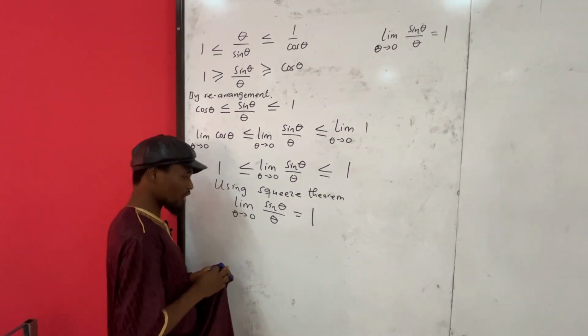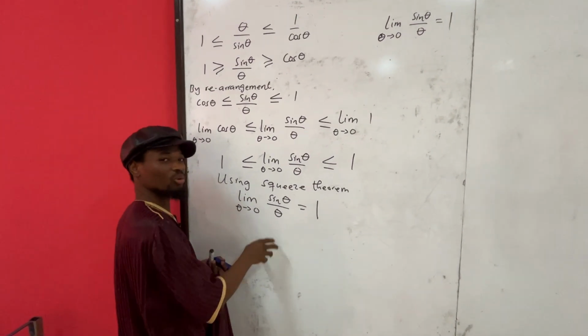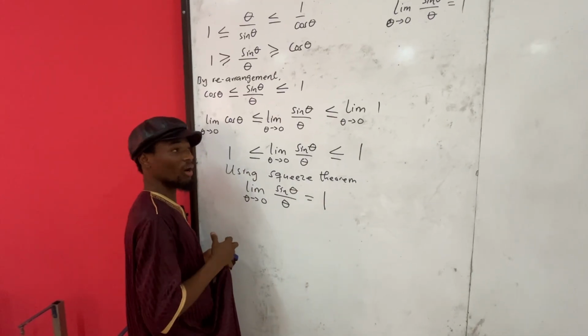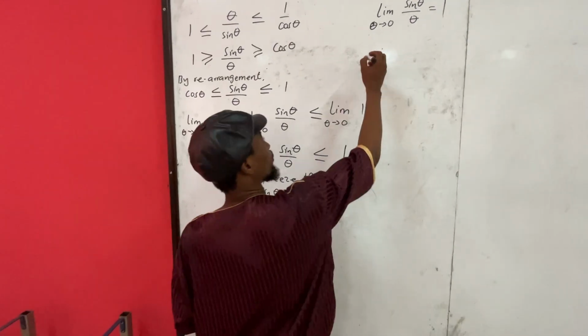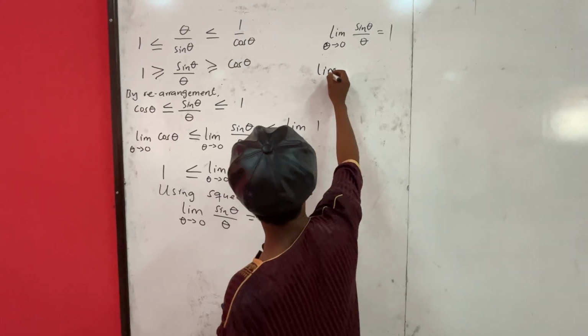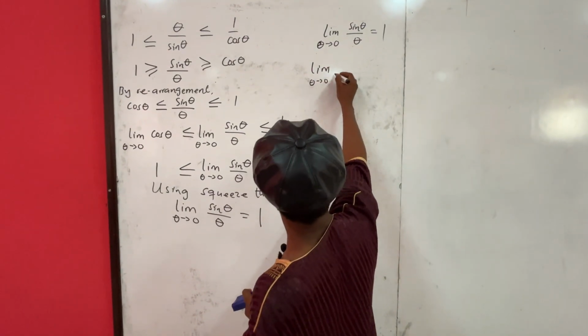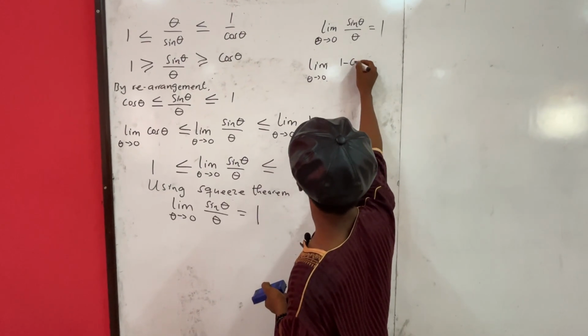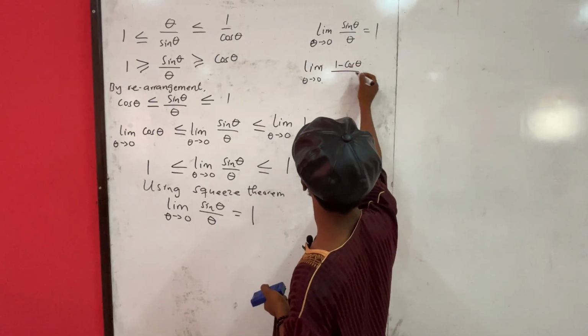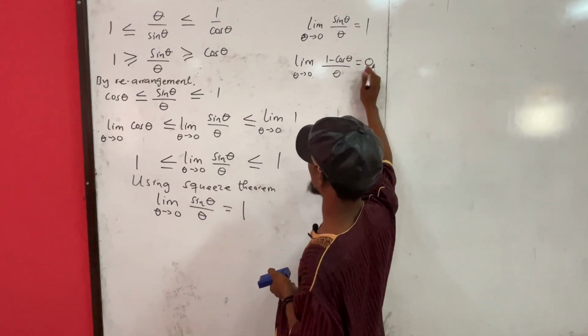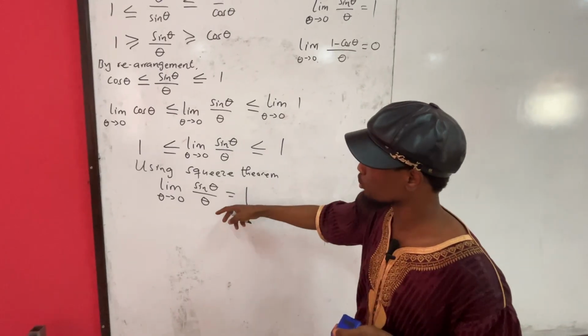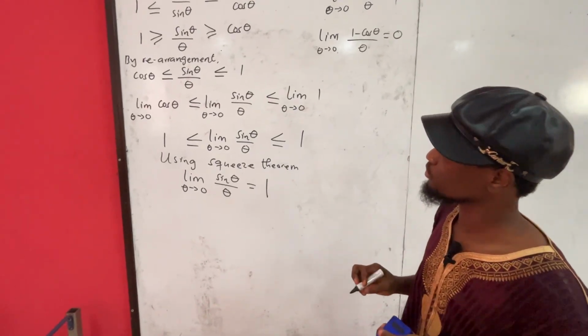So we will now build on this to arrive at the second one. But remember, we're also looking for the limit as theta approaches 0 of 1 minus cos theta over theta, giving us 0. So we are just going to build on this.